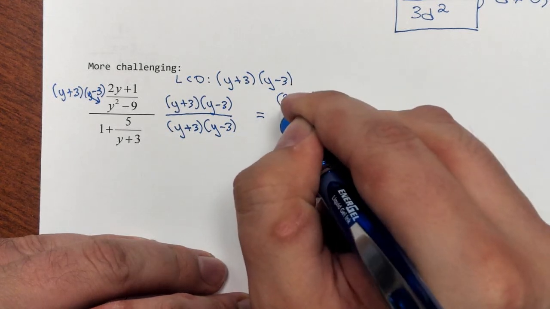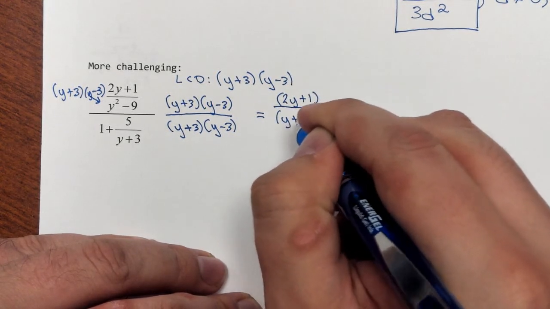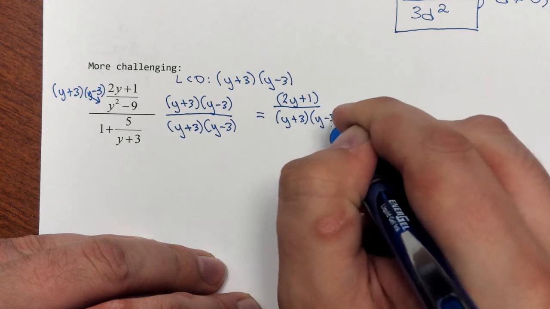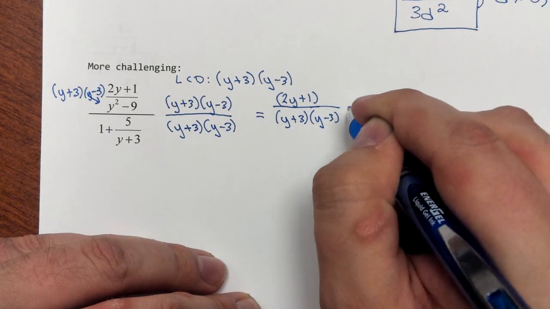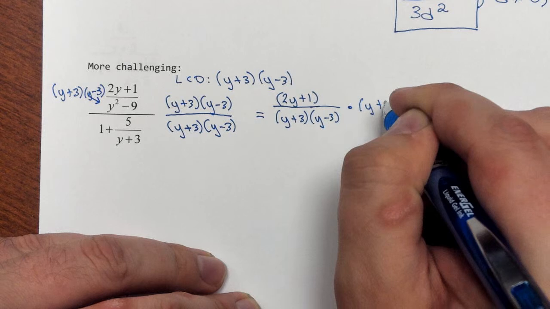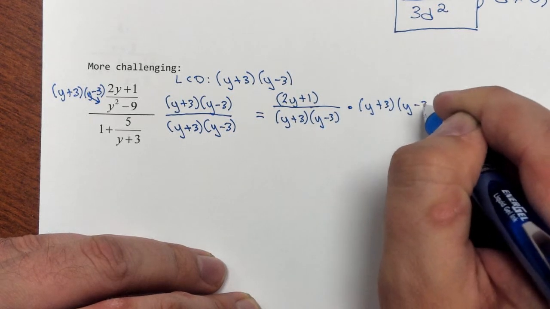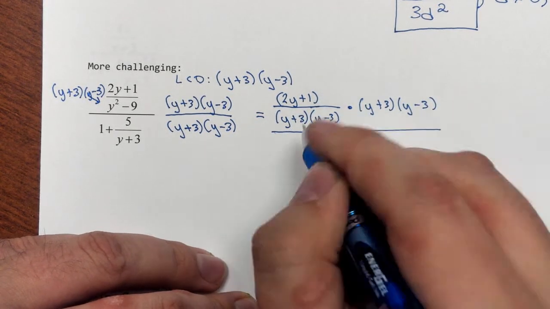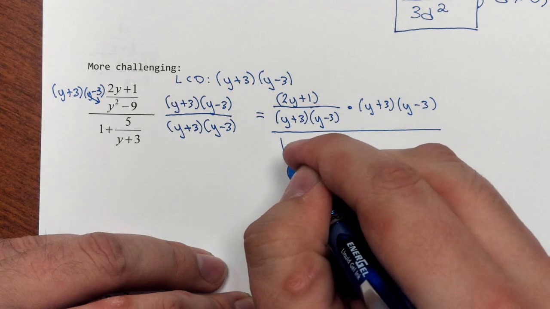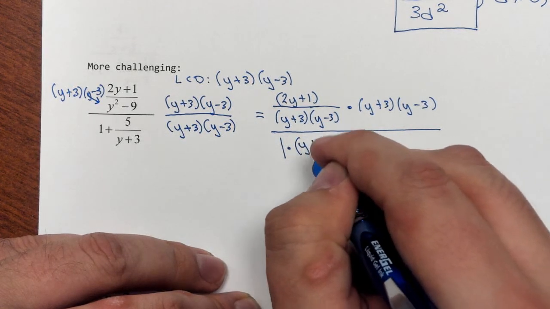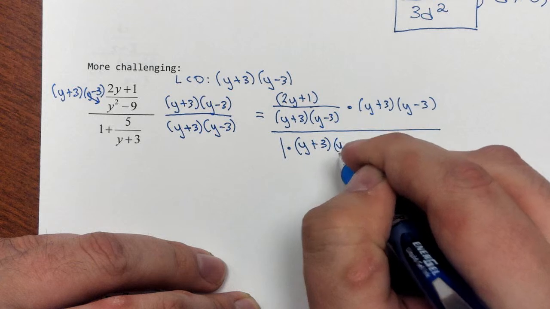So 2y plus 1 over y plus 3 y minus 3 is going to be multiplied by y plus 3 y minus 3. In the denominator, again, each of these terms in the denominator is going to be multiplied by that LCD.